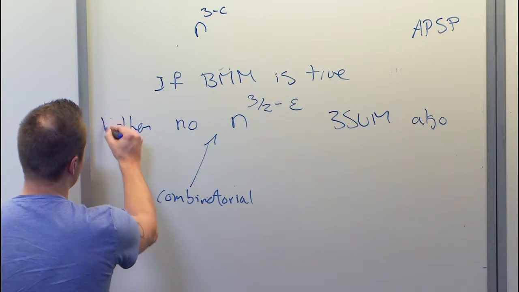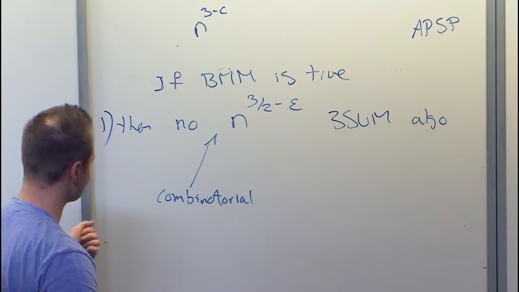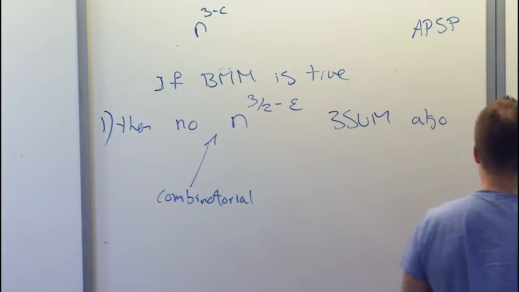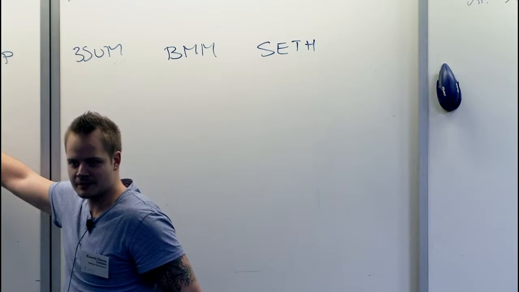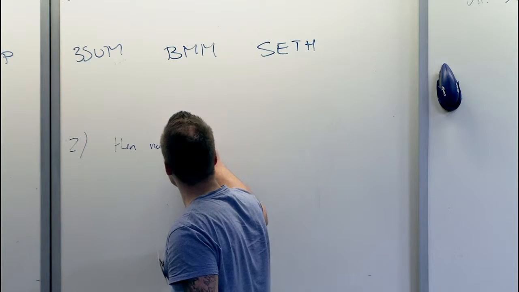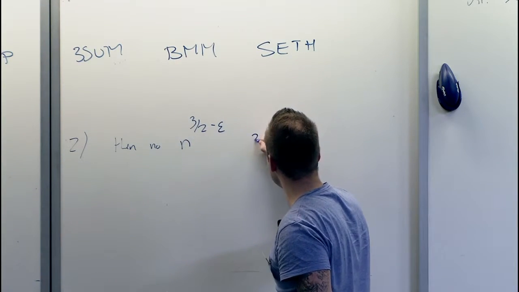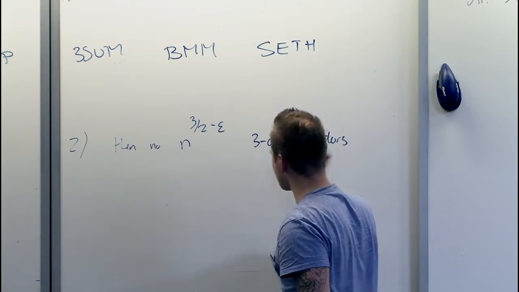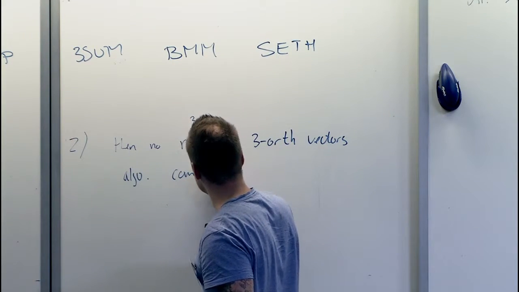So this is the first implication. There's one more implication, which is not quite as interesting. Under the same assumption, that combinatorial Boolean matrix multiplication requires n^(3-o(1)) time, there's no combinatorial n^(3/2-epsilon) algorithm for 3-orthogonal vectors.